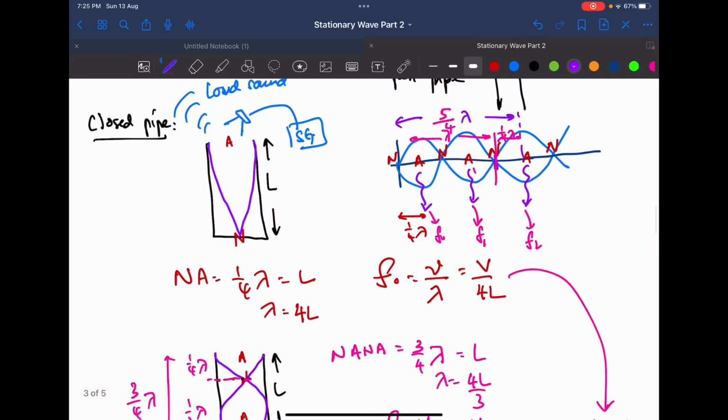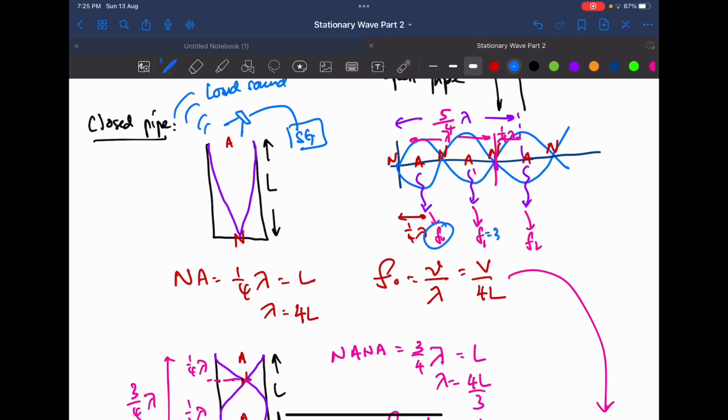So that means the first one is F0, this is 3F0, this will be 5F0. So you can predict the next one. F3 will be 7F0. So there is a pattern.